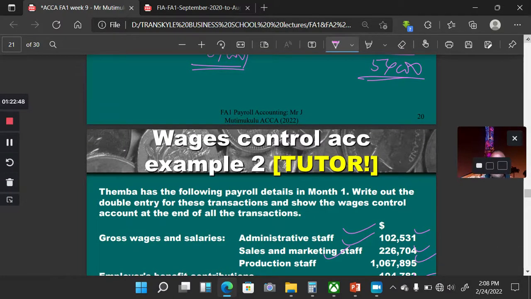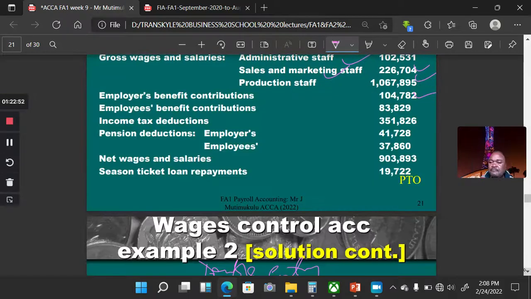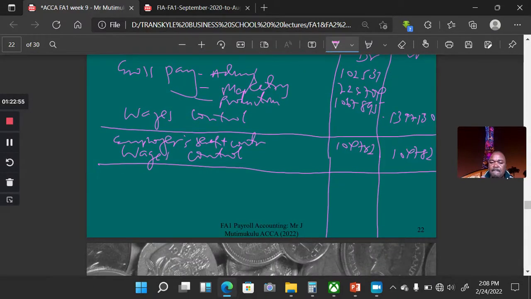Why is it so, you may ask? The employees' contributions are not costs to the company.